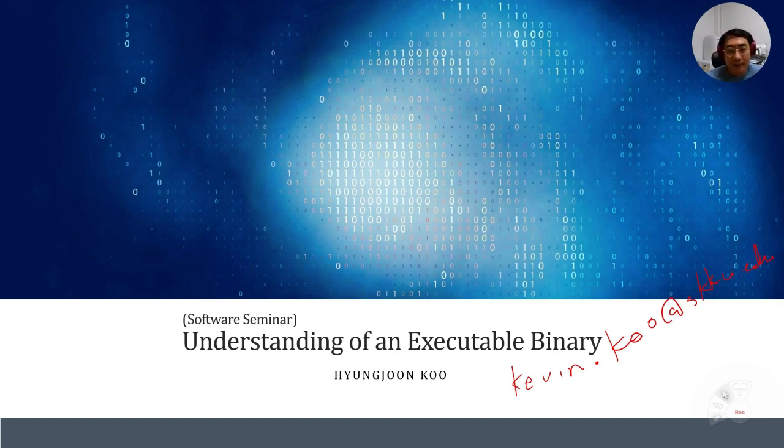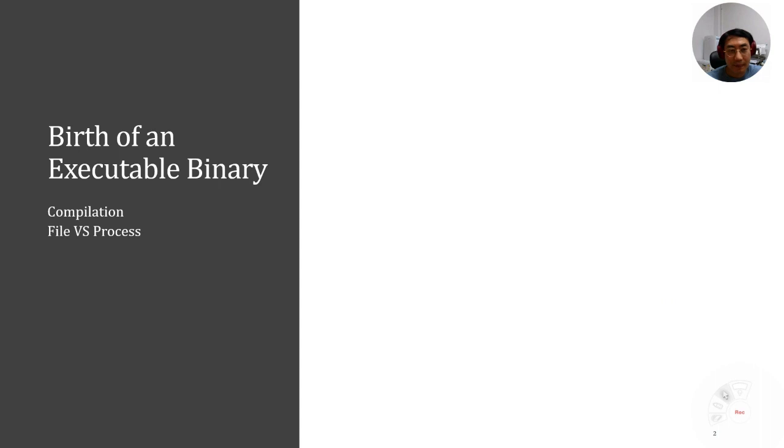So that's why I decided to show you what it looks like as an executable binary. It definitely consists of zeros and ones in the slide like this. So let me start with the birth of an executable binary.